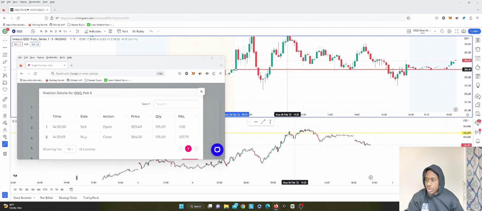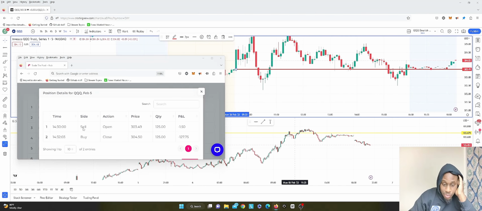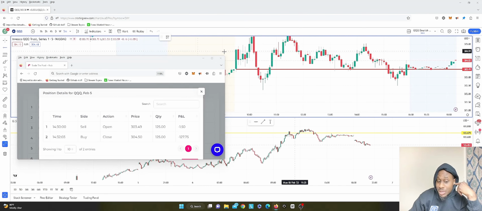The 303.49 right here. So I entered here to the sell side with my stop loss at 304.50. As you can see, that I got hit out within the same candle. So it went against me.